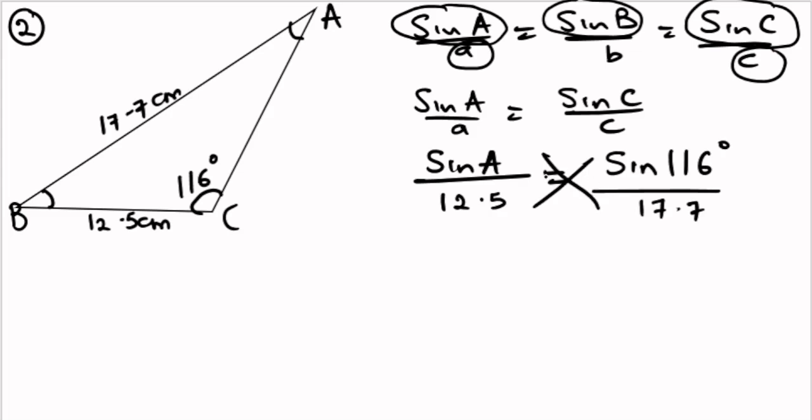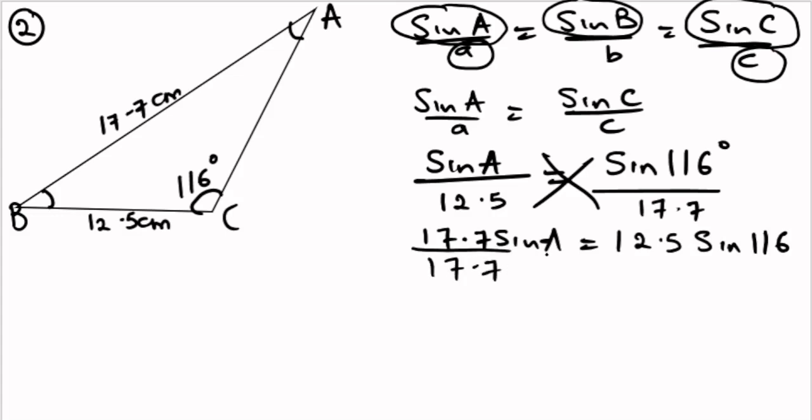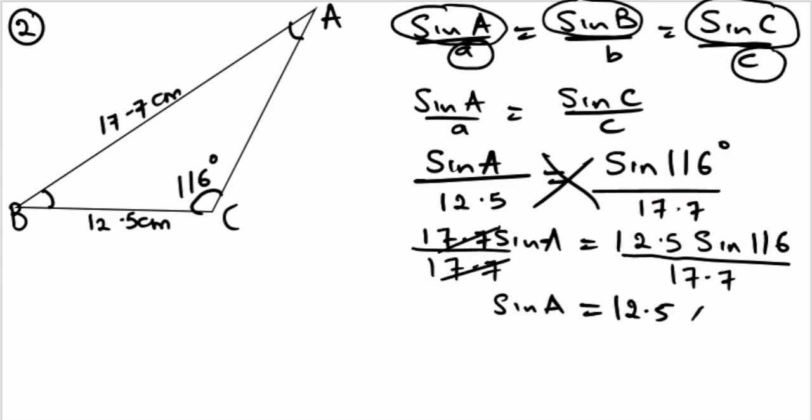So when we cross multiply, sine A times 17.7 is 17.7 sine A equal to 12.5 times sine 116, which is 12.5 sine 116. So we divide through by 17.7, so we can be left with sine A.